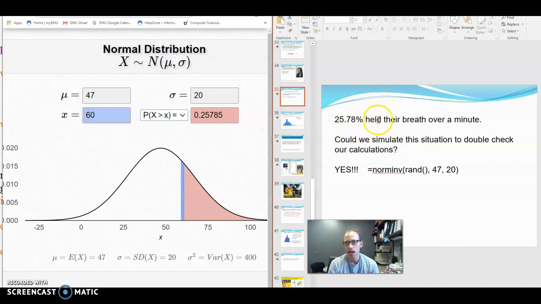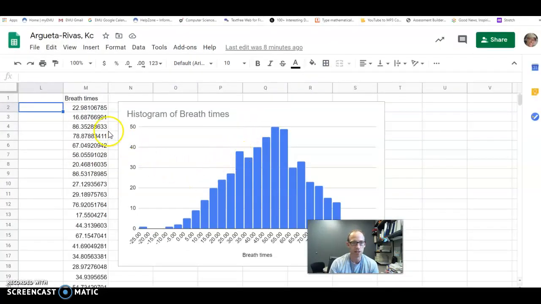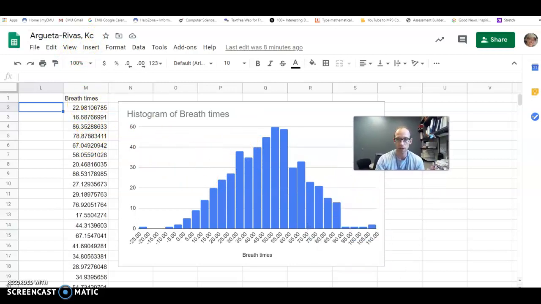So what about using a simulation, or how does a site like this even get their data from? Well, it comes from these simulations. So this is Casey's simulation of breath times, and this was done very well. So we have 500 breath times.